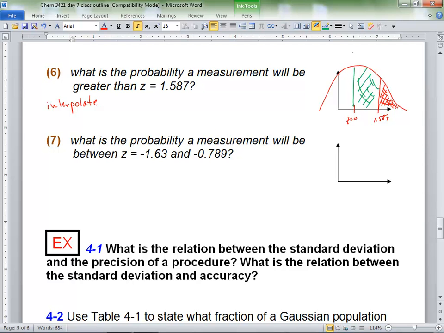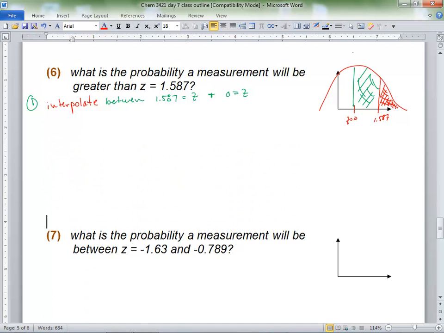So step 1: interpolate between z equals 1.587 and z equals 0. Interpolate between those two. And then step 2, subtract from 0.5. And then you'll get it. Okay? Well, let's do step 1.